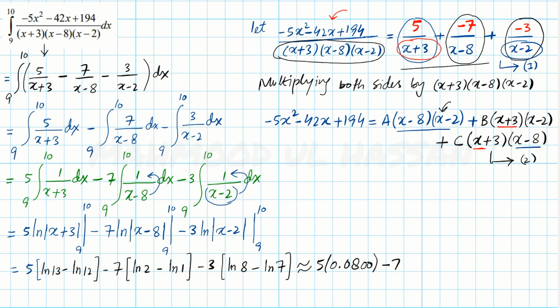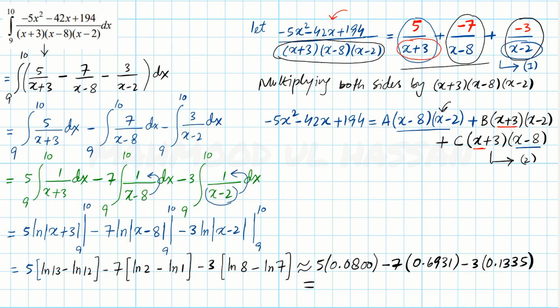Then minus 7 times log of 2 minus log of 1, so this is going to be 0.6931. Okay, then minus 3 times log of 8 minus log of 7. So it would become 0.1335.